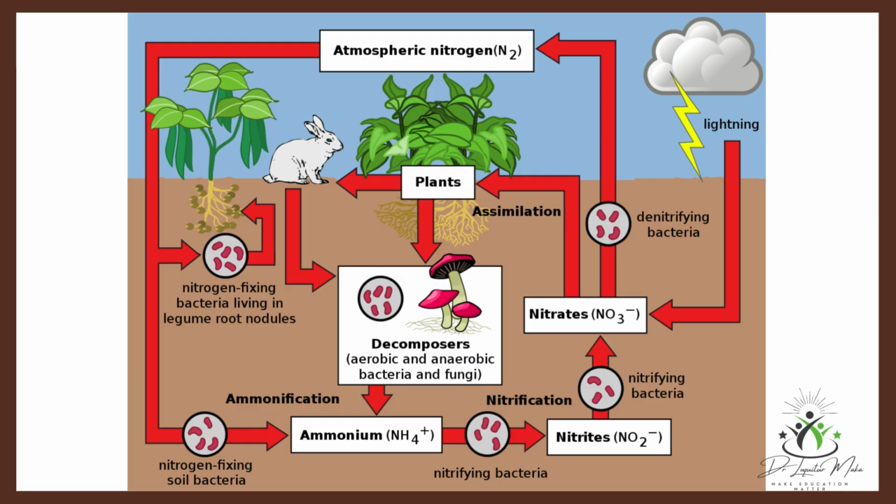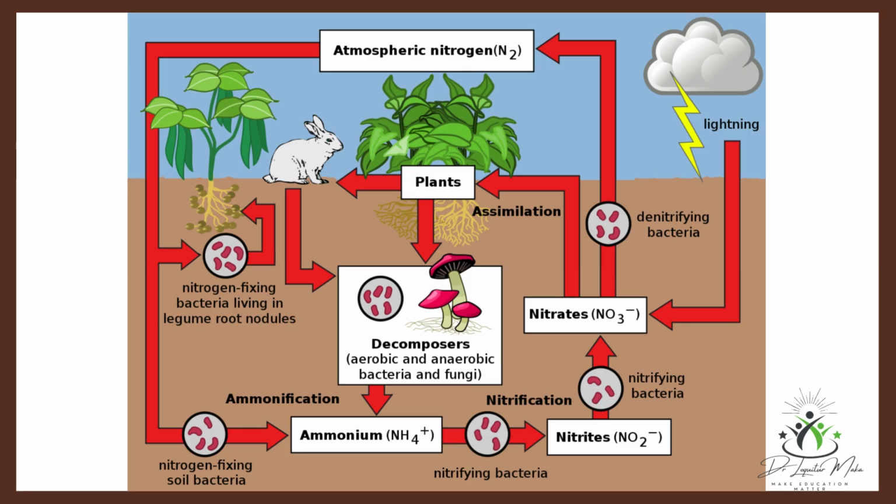Now, this is the process in which the nitrogen compounds make their way back into the atmosphere by converting nitrate into gaseous nitrogen. This process in the nitrogen cycle is basically the final stage. Remember, we said we start from nitrogen fixing, the fixation.